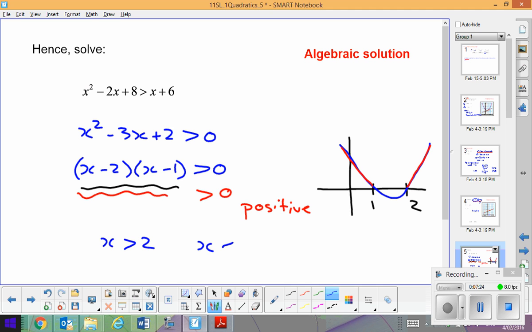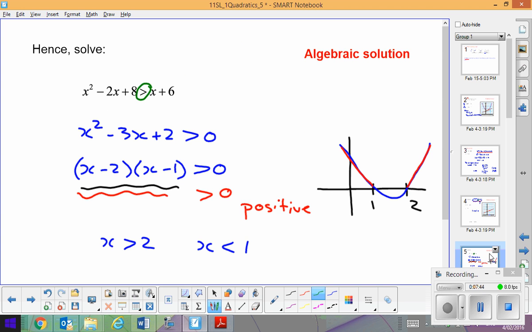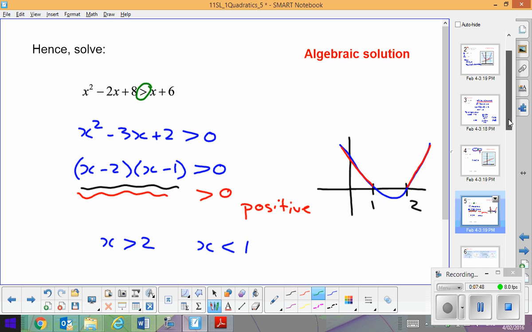This was a different scenario because in this case I wanted to see where the quadratic was greater than the linear, whereas in the previous example I was saying when is the quadratic less than the linear. So that's solving it graphically or solving it algebraically. And that's it for today.